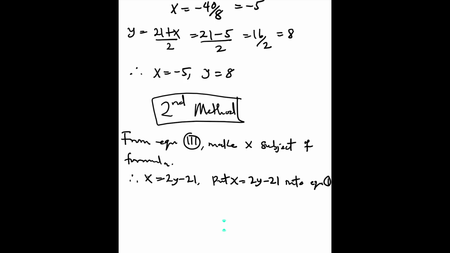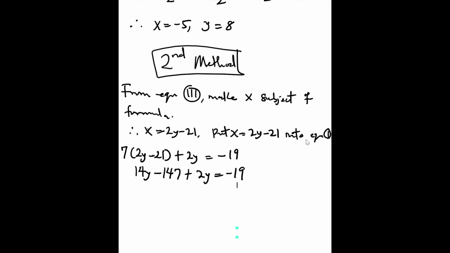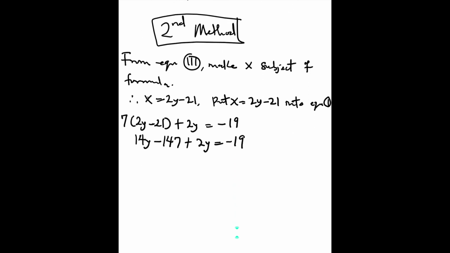and then we can put x equals 2y minus 21 into equation 1. Okay, so that will be 7 into 2y minus 21 plus 2y is equal to minus 19. Okay, so if we open this bracket, that will be 7 times 2 is 14y, minus 21 times 7 is 147, plus 2y is equal to minus 19.